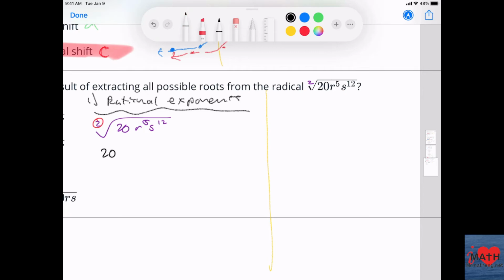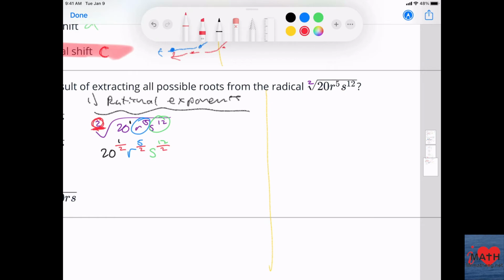You have 20 to the first power, but a denominator of 2. You have r to the 5th, but in the root there is 2. And then you have s to the 12th, and you divide it by 2, because the denominator is from the root there.